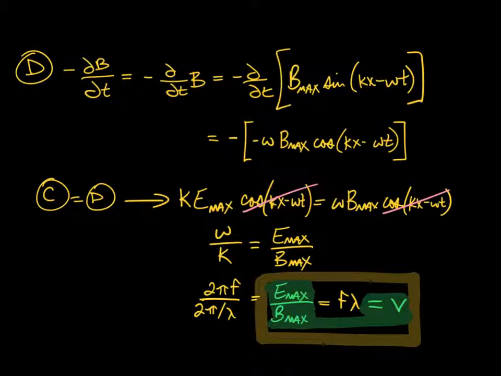However, you should suspect that it's moving at a constant speed given that these fields are in phase with one another. Okay? So we'll see how that works out, but this is just part one of how we get to the fact that this wave speed is the speed of light. So we have good reason to suspect that it's constant.